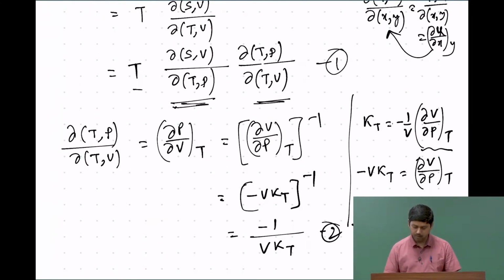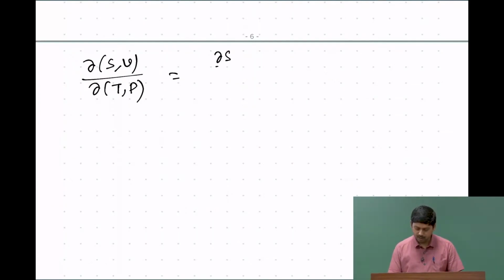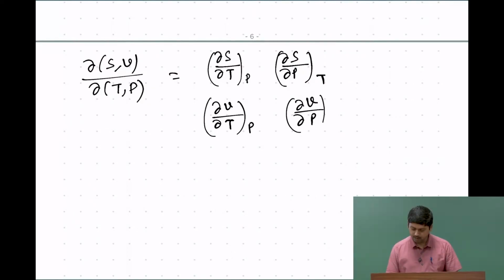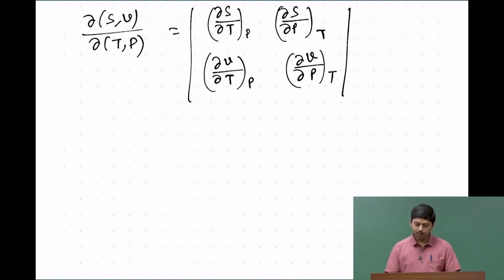Keep it as equation 2, and then we start with the middle term. This term we are going to start with del (S, V) and del (T, P). They have nothing in common, so we have to write it in a matrix form: del S by del T at a constant P, del S by del P at a constant T, del V by del T at a constant P, and del V by del P at a constant T. This is the matrix that we got, and you have to evaluate each element.